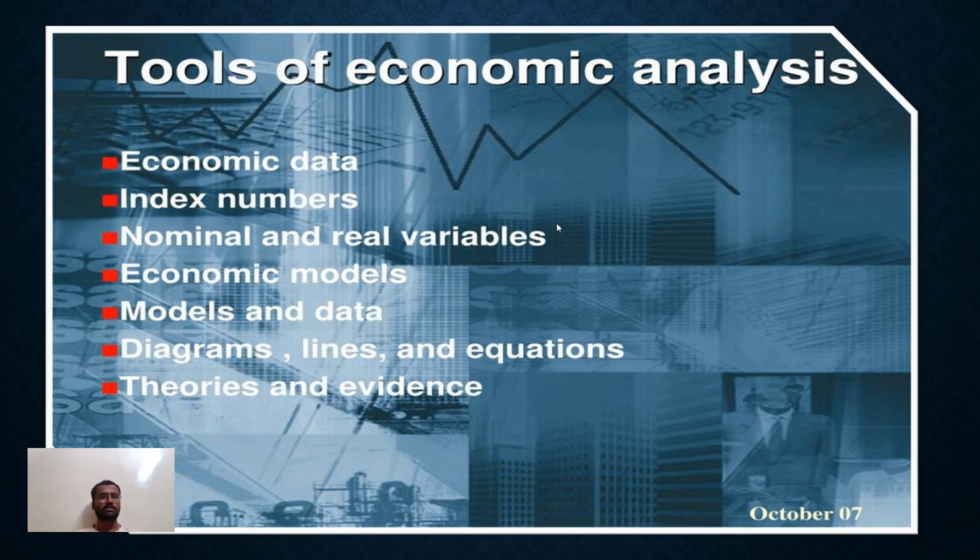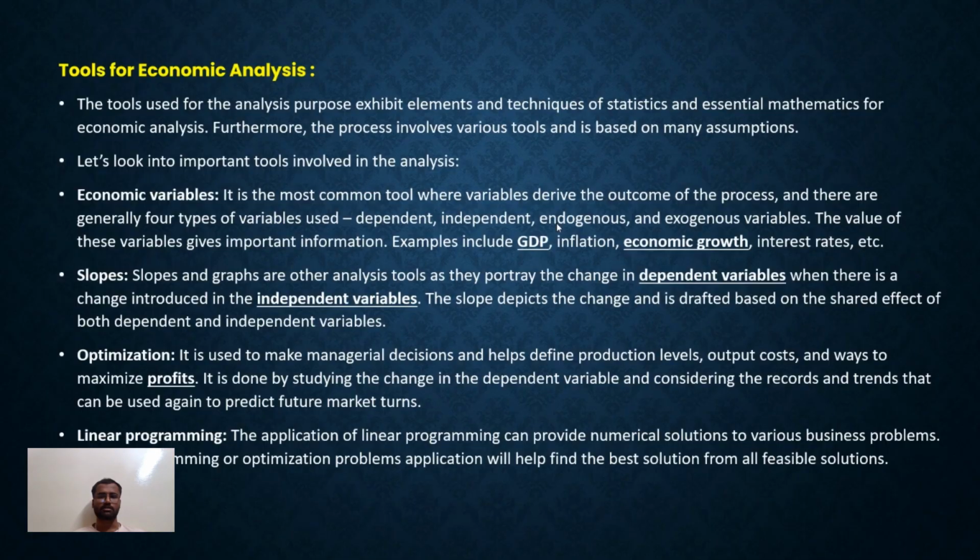Tools of economic analysis. There are majorly seven tools of economic analysis. One is economic data, index numbers, nominal and real variables, economic models, models and data, diagrams, lines and equations, theories and evidence. These are the seven major tools of economic analysis. Tools for economic analysis.